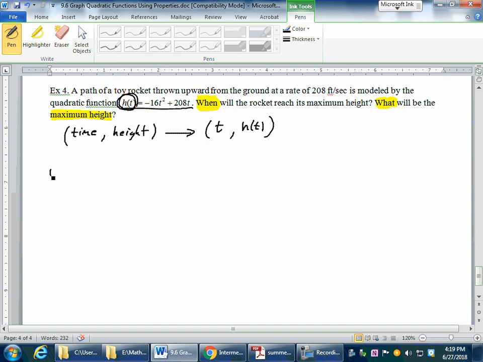So to answer part A, if I want to know when will give me the maximum height, that is basically asking for the x coordinate of the vertex. So again, when it reaches max height, that means the x coordinate of the vertex.